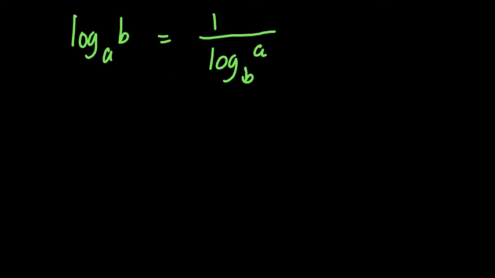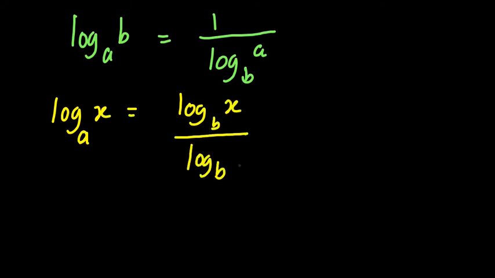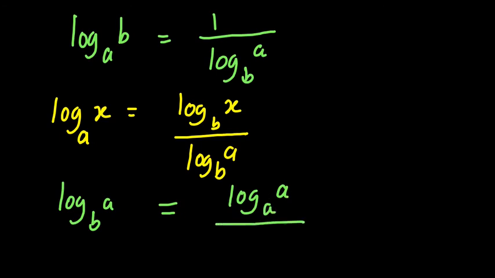We have already seen by the property of changing base that log base a of x is the same as log base b of x over log base b of a. So we can do the same and say log base b of a is the same as log base a of a over log base a of b, as long as the bases are the same.